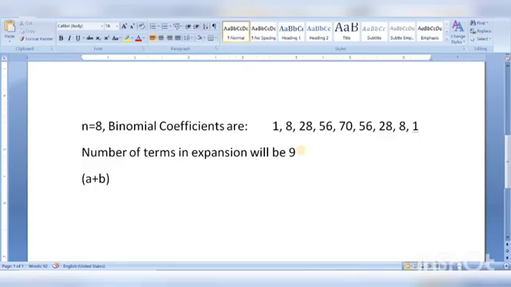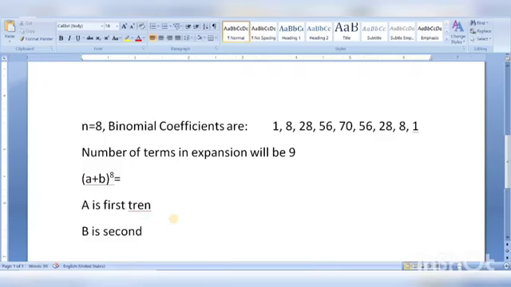Now using this binomial expansion, if I want to find the power of this, let me write it as a power. Okay, so now I want to expand this bracket. The rule is that A is my first term and B is my second term.